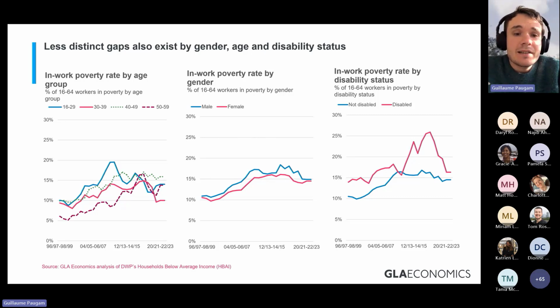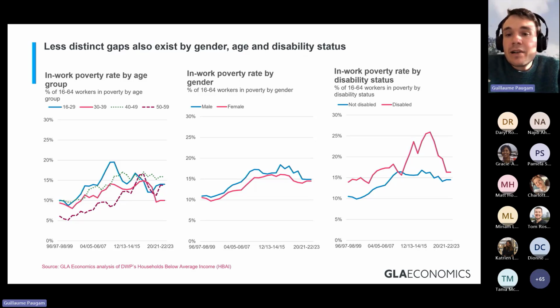I also wanted to flag that the strongest rises in in-work poverty risks have been for the groups of workers between 40 and 49 and 50 and 59. In terms of gender, we see that the in-work poverty risk has been very slightly higher for men than women over the period studied, but that also seems to be closing in the most recent years.